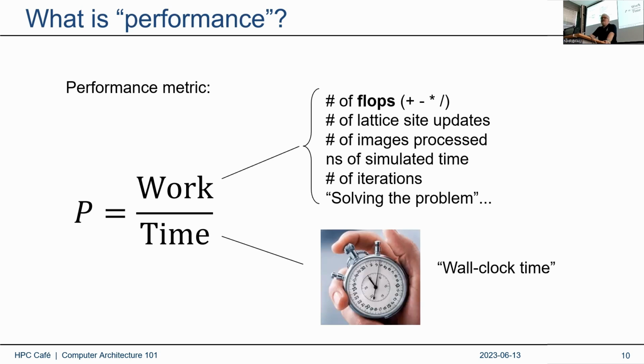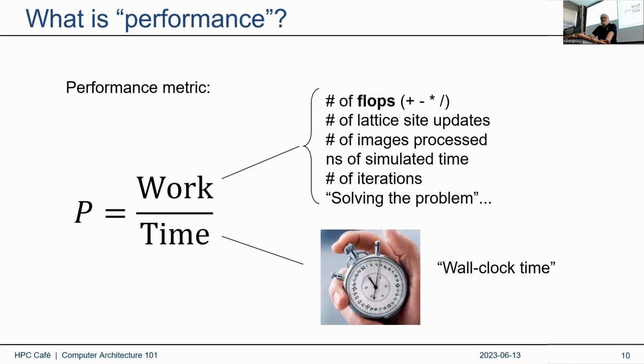But the flop is not the only viable work metric. For you, something else may be interesting. You may not care about the flops. You may care about how many lattice sites my code can update per second because I'm using some kind of explicit scheme. How many images can I process per second, because I'm doing a training algorithm that takes in images and learns from them.